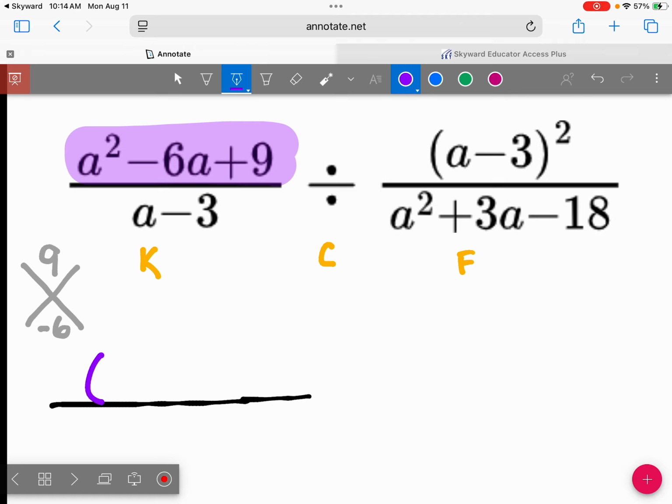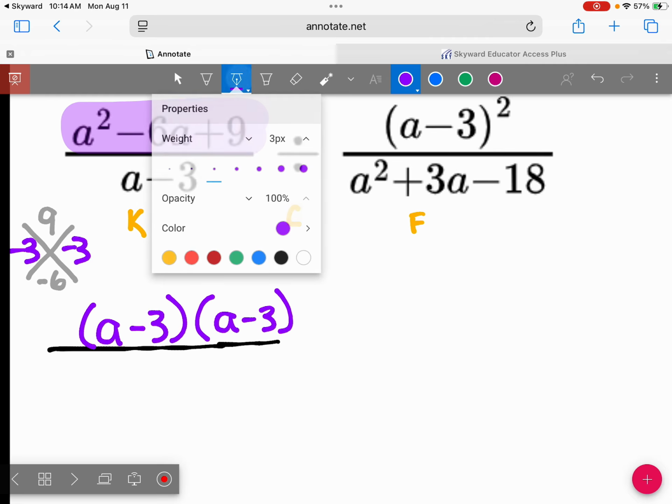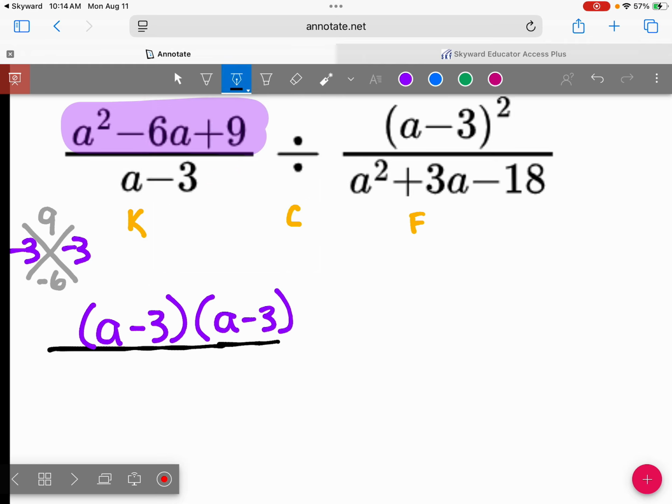So this is going to be our a minus 3 times a minus 3. Because minus 3 and minus 3 multiply to make our positive 9, add to make our negative 6. Our denominator isn't really changing. That a minus 3 is just going to hang. I'm just going to put it in a set of parentheses so we remember that's one chunk. I can definitely add parentheses here if that helps me. Like, totally thing we can do.